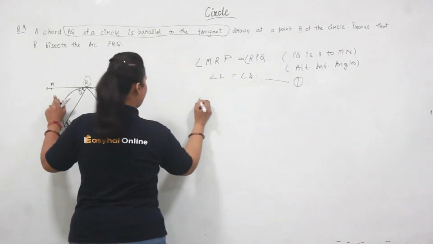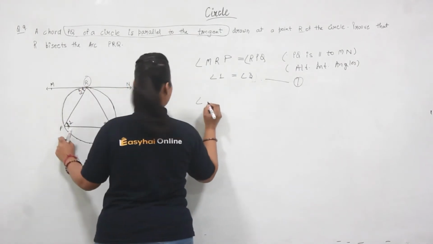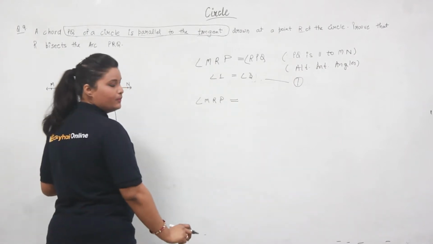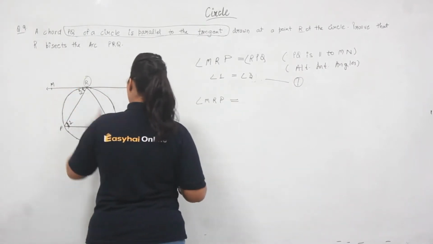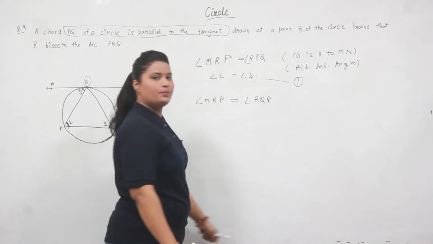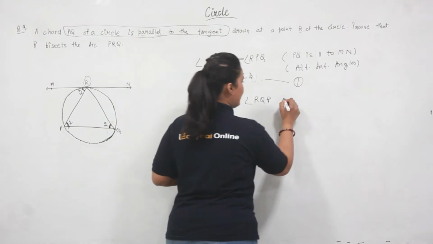This is angle MRP, which will be equal to angle RQP. Correct? Why?